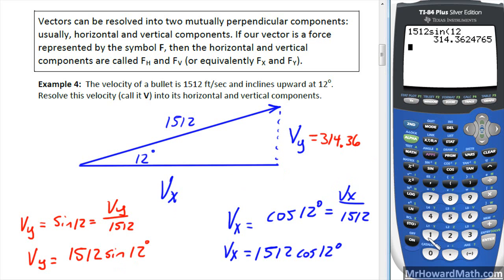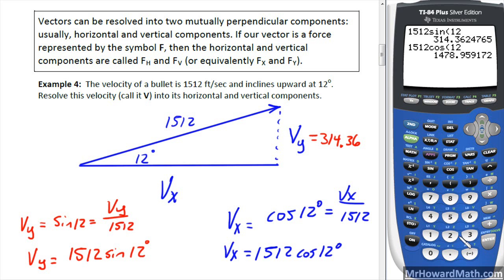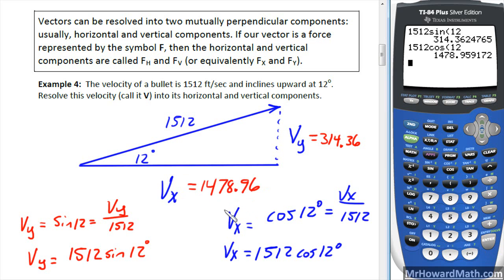And then our horizontal component, 1512 times cosine of 12 degrees is 1478. We'll round to 96, so 1478.96. So those are our two vertical and horizontal components of that vector, in feet per second for each of those. We want to keep the same units as our original vector had.